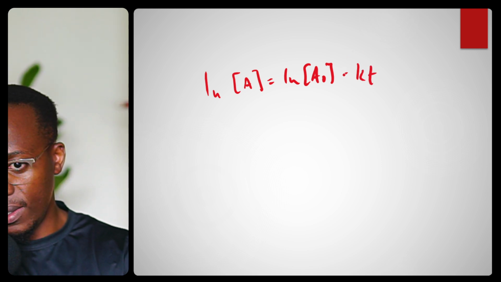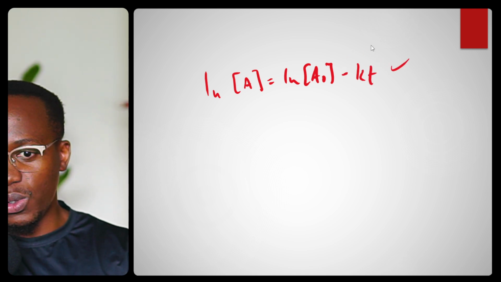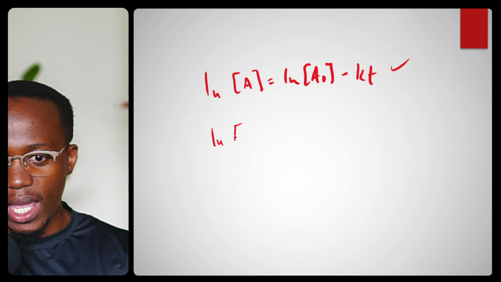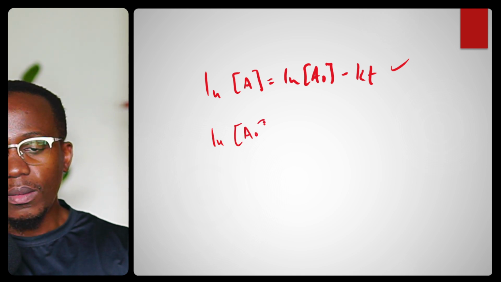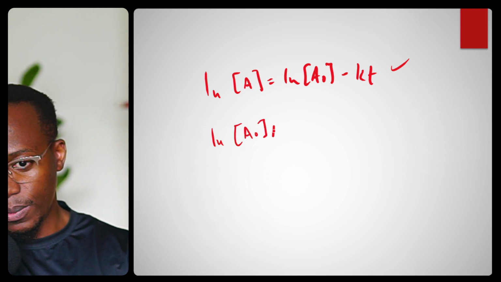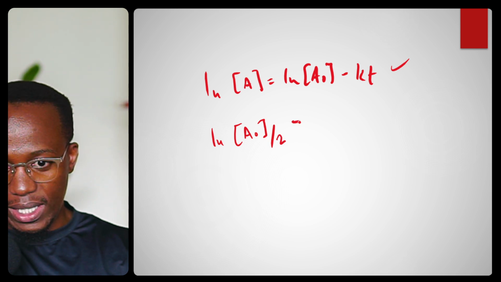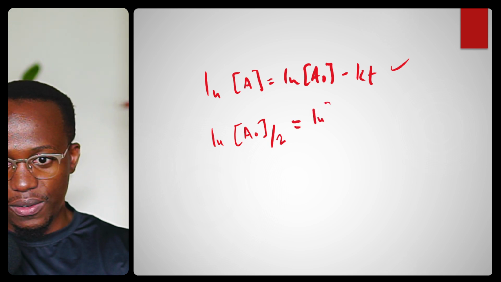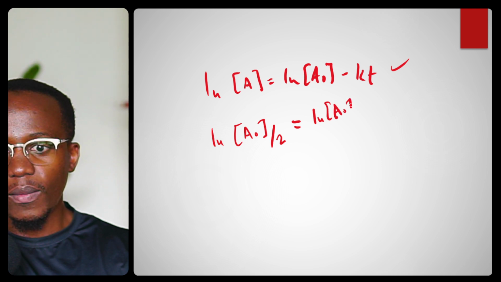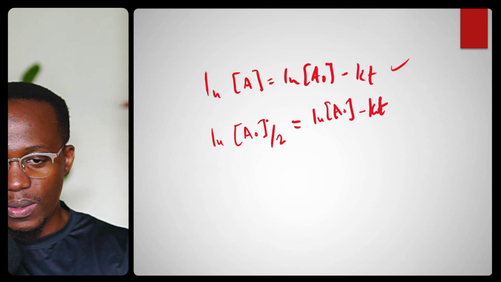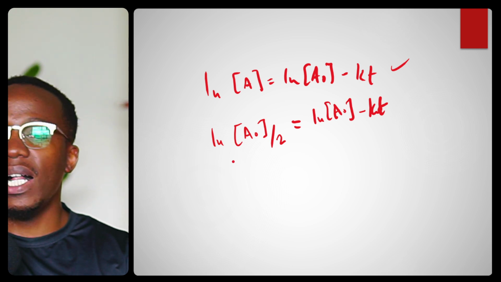That is the expression of the first order reaction, right? But our A at time equals half-life, our A is equal to half, or equal to ln of A0 minus kt. So let's go ahead and do our calculations.